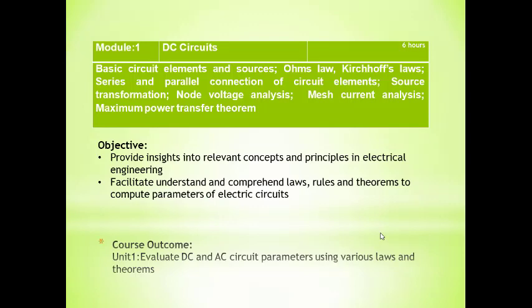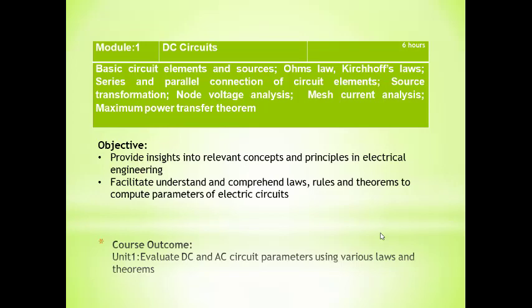Before going into your module, I need to tell you about the objective of this particular unit. I have mentioned only two objectives here. These two objectives will be common for units 1, 2, and 3.